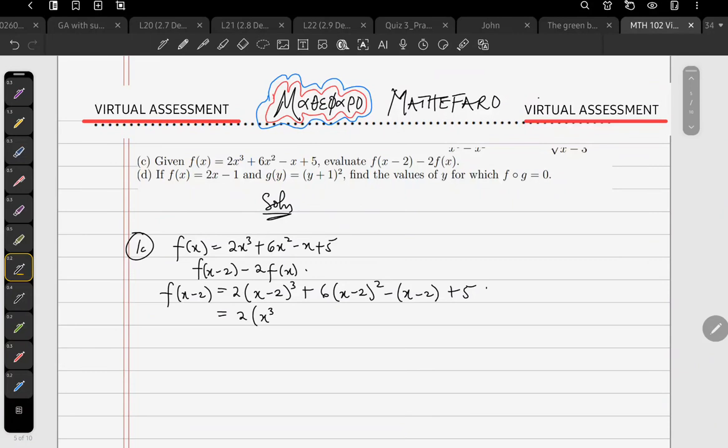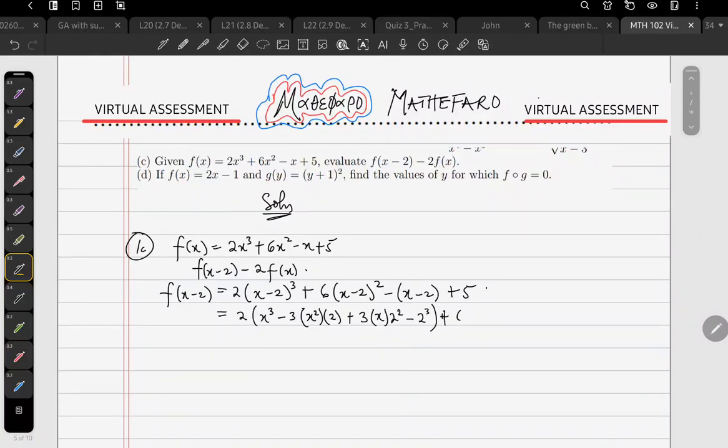If we use Pascal's triangle or whatever you know to get the expansion of x minus 2 cubed, you know that this is going to be x cubed minus 3 times x squared times 2 plus 3 times x times 2 squared and minus 2 cubed. Maybe I should have written that expansion somewhere else before now.